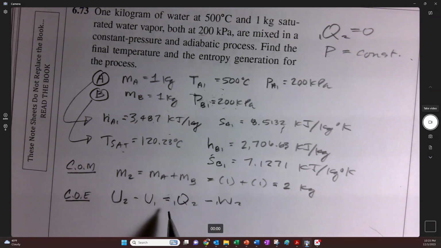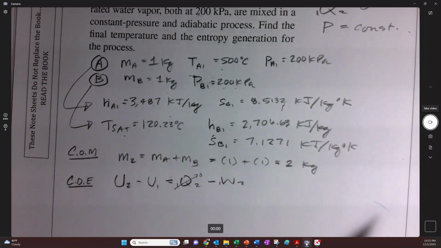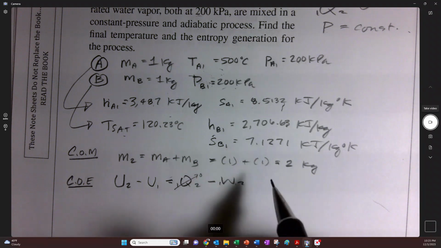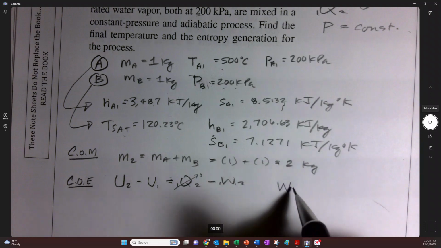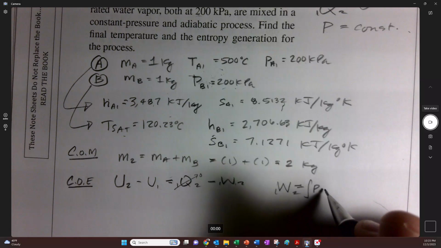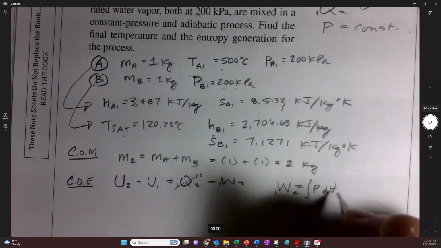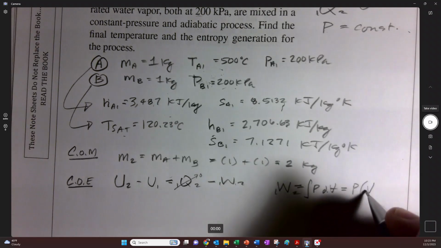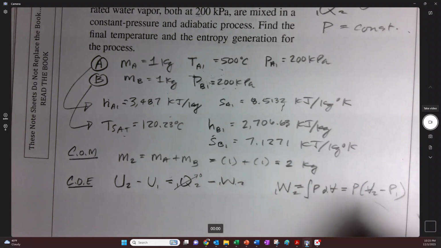And so the heat term is going to be 0 because it's adiabatic. And also we might note that work from 1 to 2 is the integral of P dV, but since P is constant, it's going to be P times V2 minus V1.